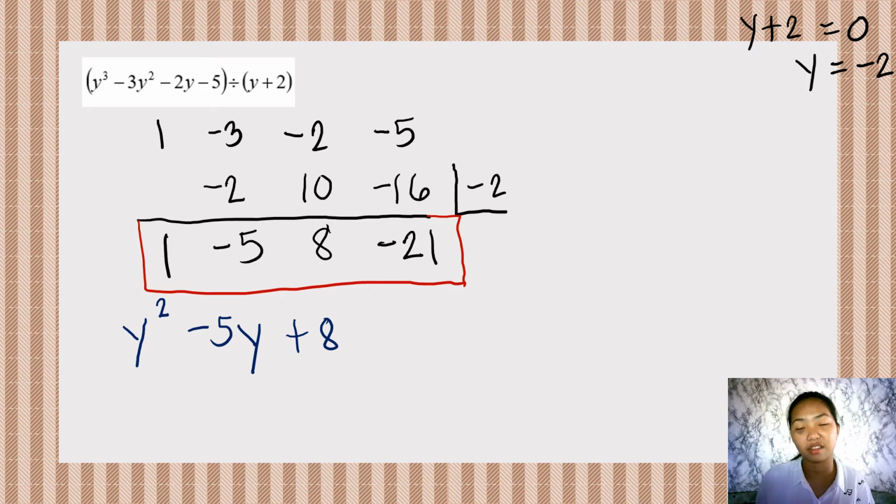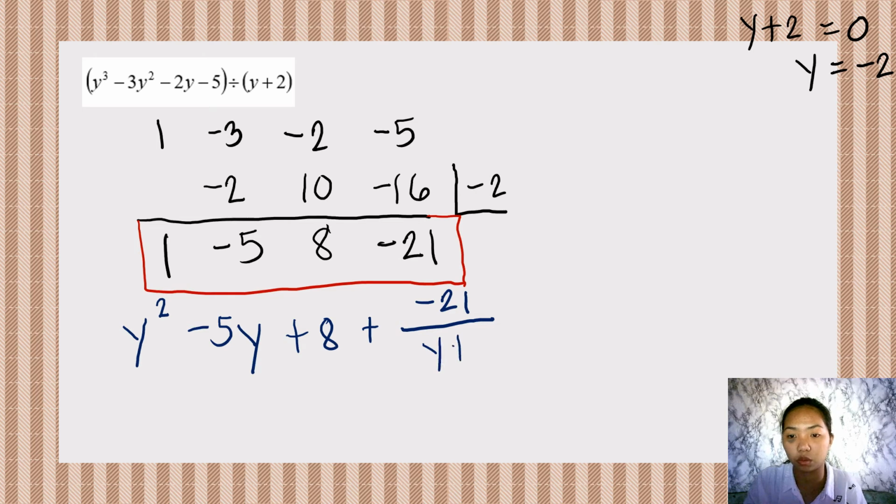But the remainder, negative 21, the last number of your answer, is the remainder. If it's 0, then there's no remainder. But there is negative 21. So we write plus negative 21 over our divisor, y plus 2.